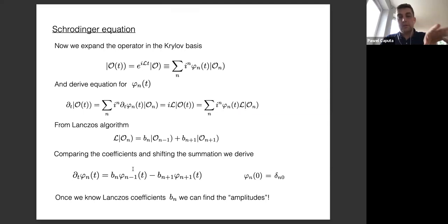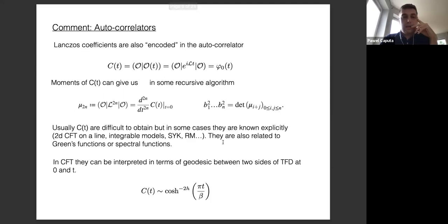So there are many ways of getting these bn's, not directly related to this Lanczos algorithm, but in some sense they are all equivalent. And sometimes this is a useful or efficient way of doing things, in the sense that these autocorrelators are usually difficult to obtain. It takes a bit of numerical power, for a given Hamiltonian and given operator, to find what this autocorrelator is, but they are known explicitly in many models.